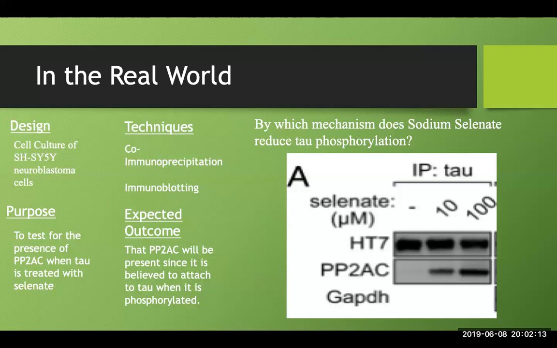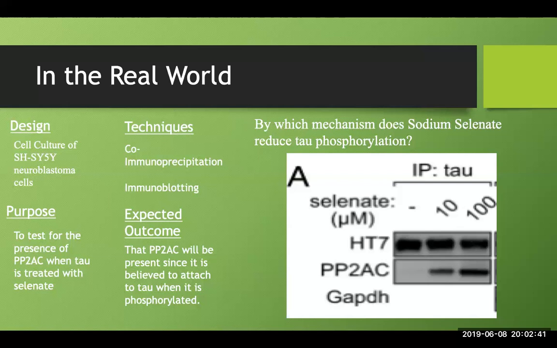The techniques here are co-immunoprecipitation and immunoblotting. The purpose of the test was to test for the presence of PP2AC, a catalyst that they found binds to phosphorylated tau and dephosphorylates it. But they found that it only binds to tau in the presence of selenium.